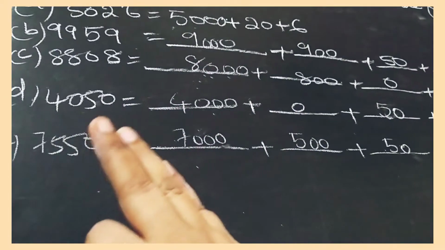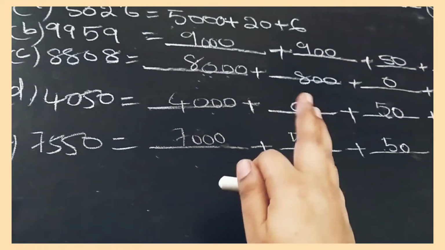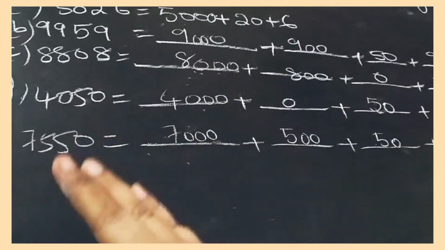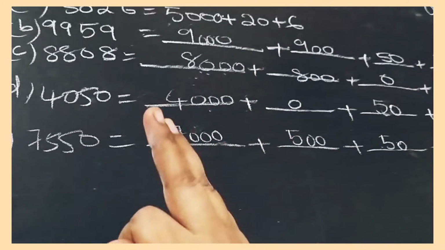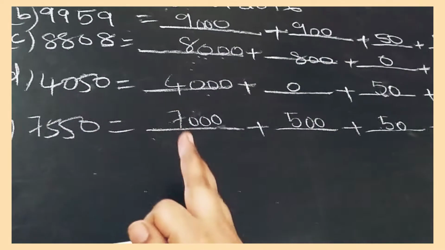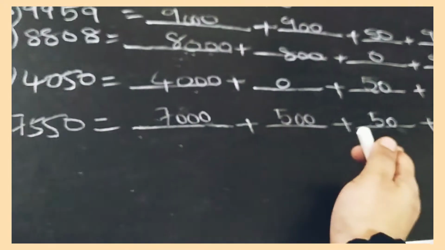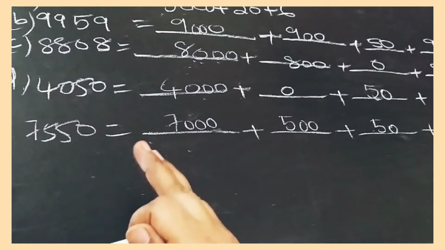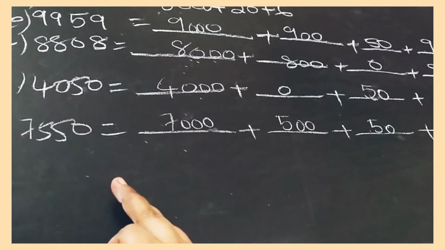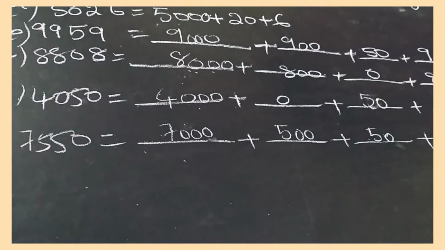Okay, here 4,050, 4,000 you have to write. Then plus 0, 4,000 plus 0 is 4,000 only. 50 plus 0 is 50 only. So here nothing is there in hundreds, and ones also. So here 7,000 plus 500 plus 50, 7,550. So in ones 0 is there here. Okay, so like this you can remember this expansion form.